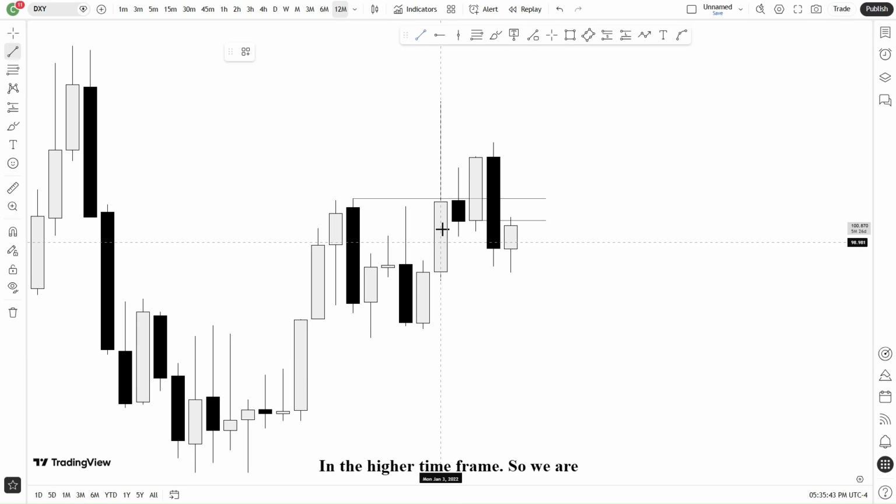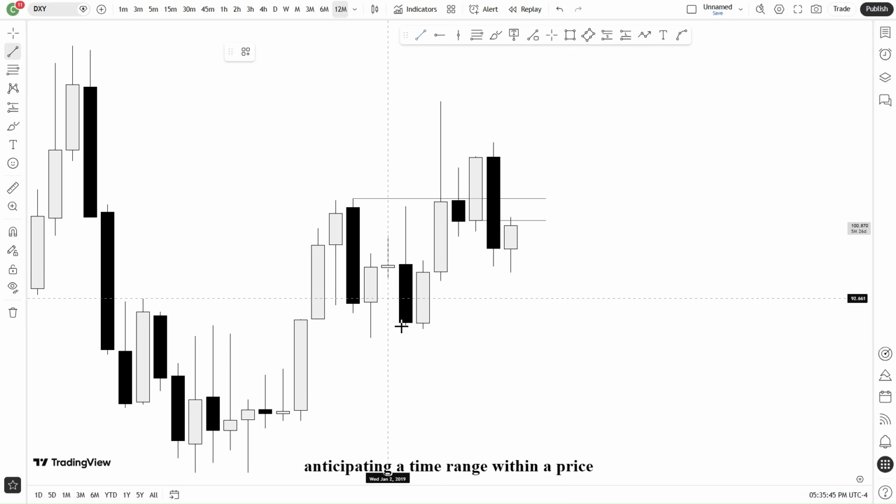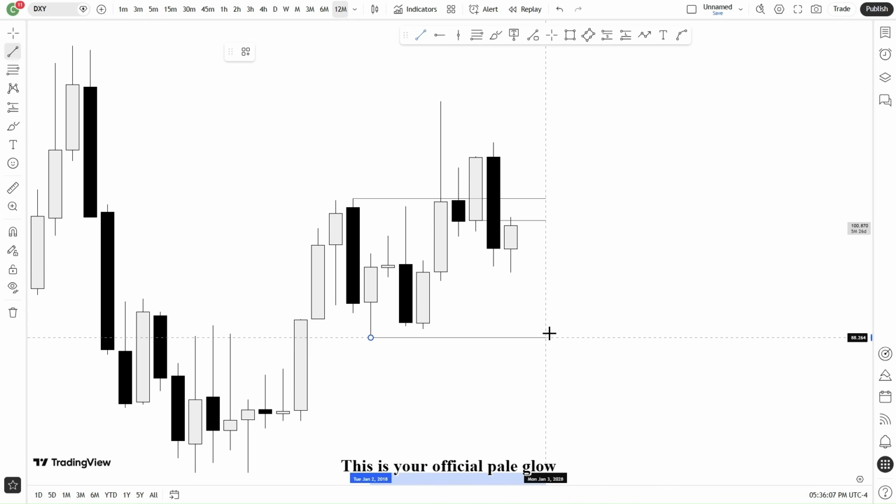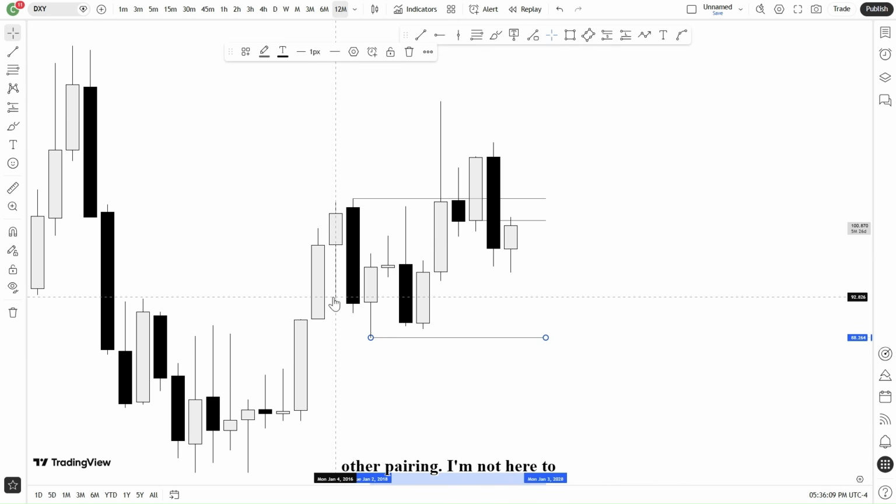So we are anticipating a timed range within a price range, right? The timed range is a 4 year cycle, plus this year is a 4 year cycle, which is the high of the previous leap year and the high of the current leap year. So we are currently bearish. My low will be this low right here. This is the official pairing low, order pairing.